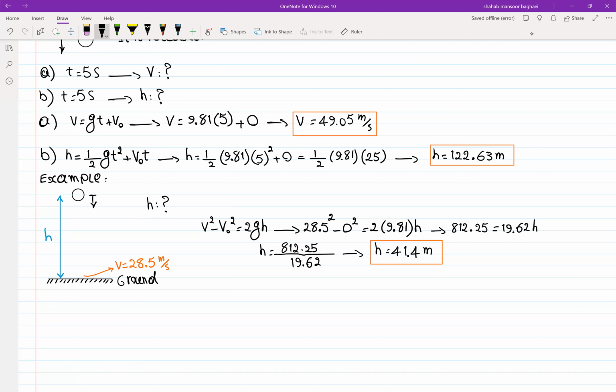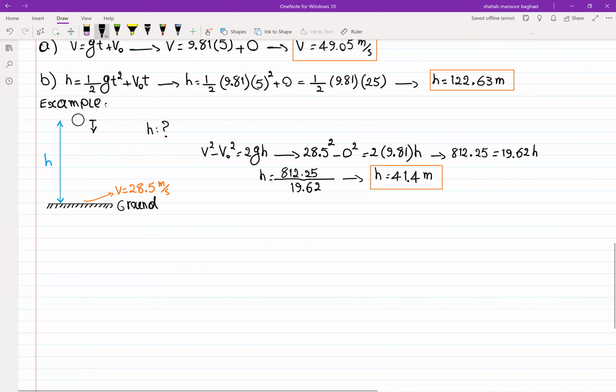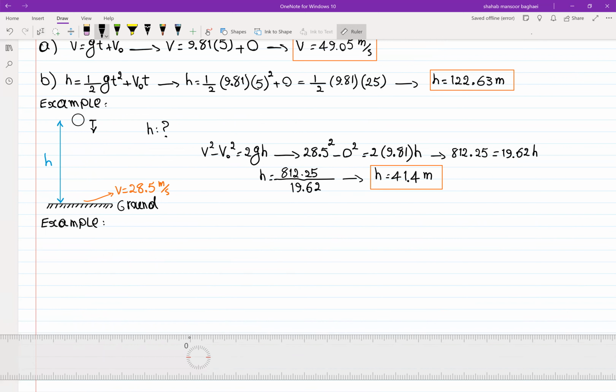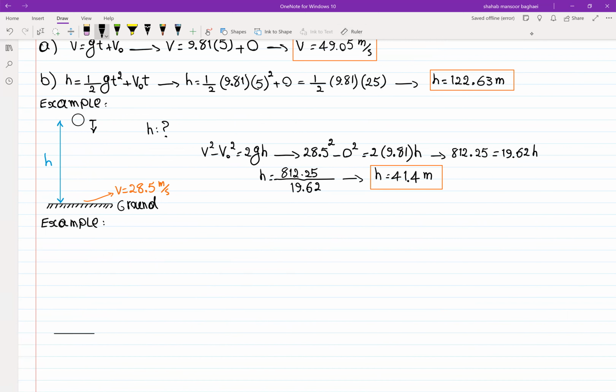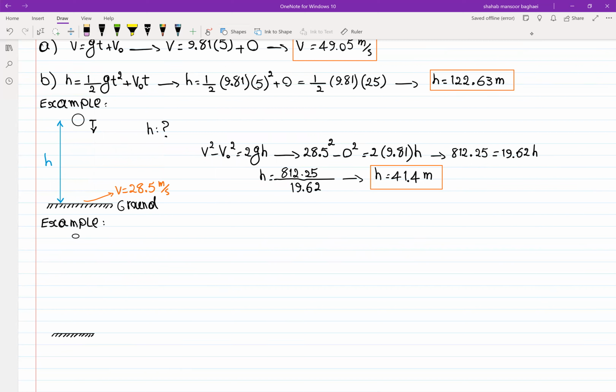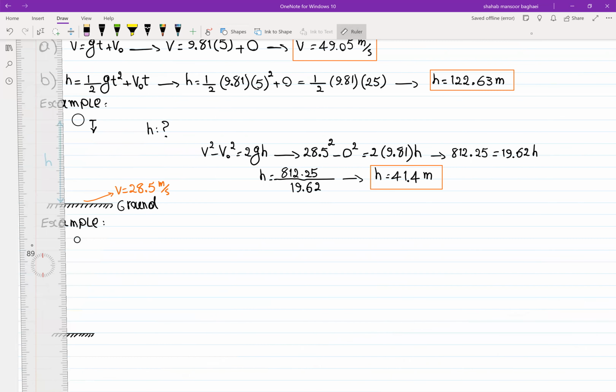Next example. A falling object is dropped from a specific height and the height is unknown.